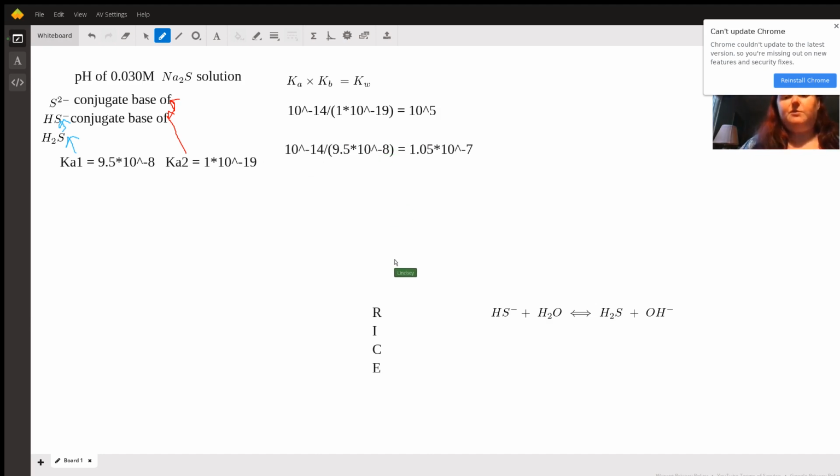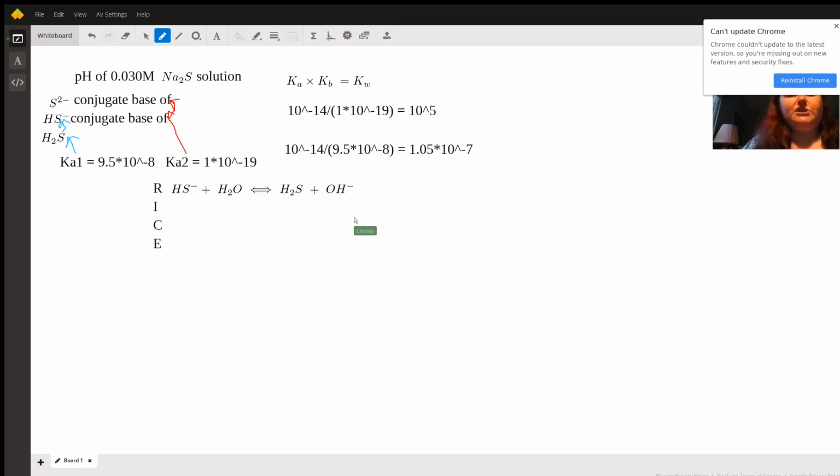Once we have a Kb value, it is time to set up our ICE table, which I actually like to call a RICE table because R is for the reaction. So what kind of reaction is this? Well, this is the hydrolysis, and we're using the Kb that is associated with the change between HS minus and H2S. So we want to write our equation like this, the hydrolysis of HS minus. What are our initial values?